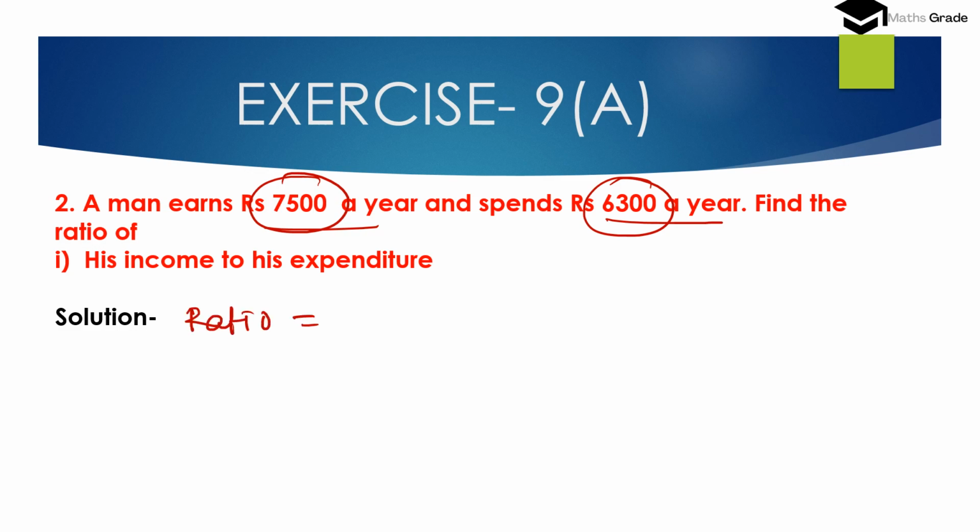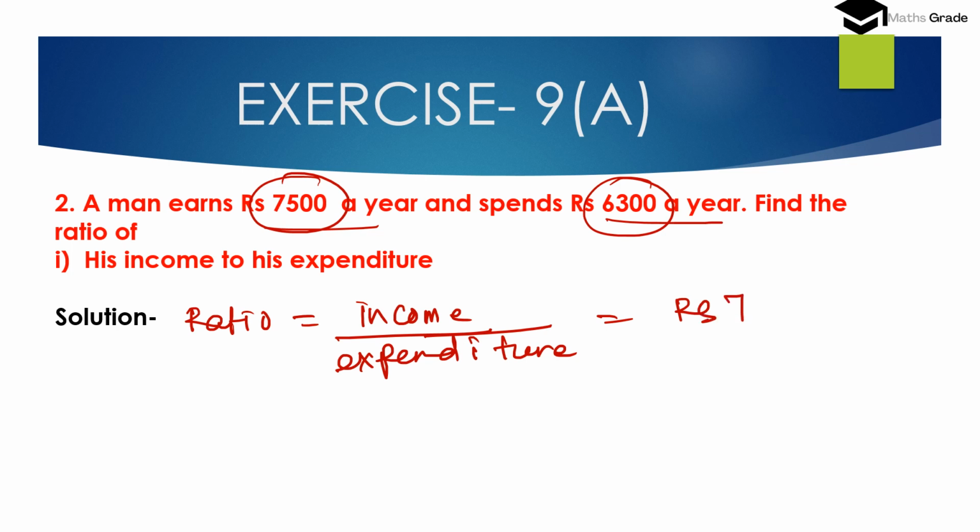So the ratio of his income divided by expenditure. Expenditure means spends. How much money he earns? 7,500 rupees. Divided by expenditure. How much he spends? 6,300 rupees.